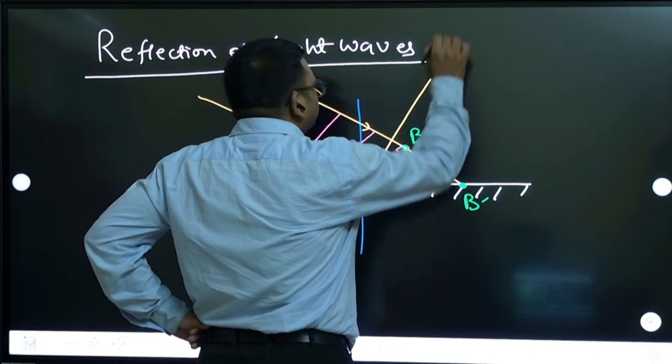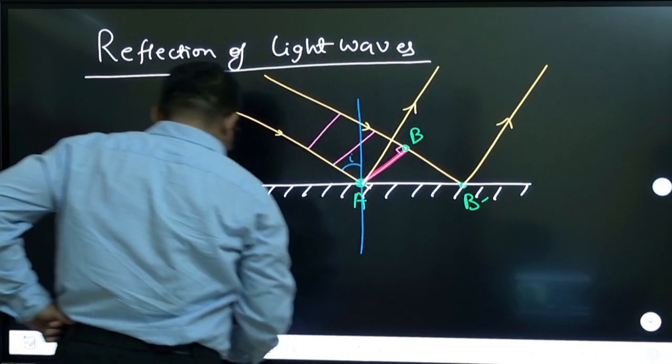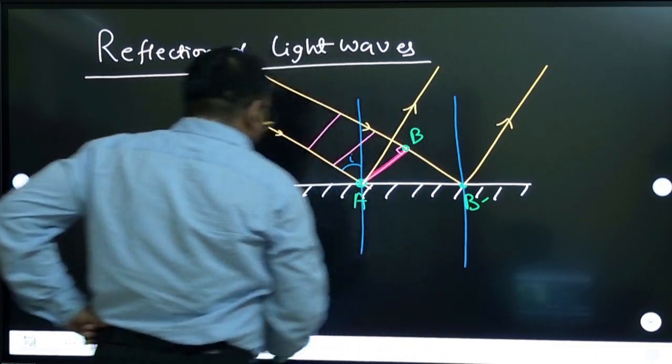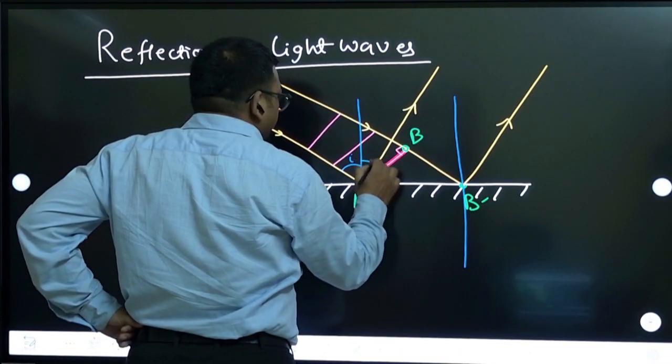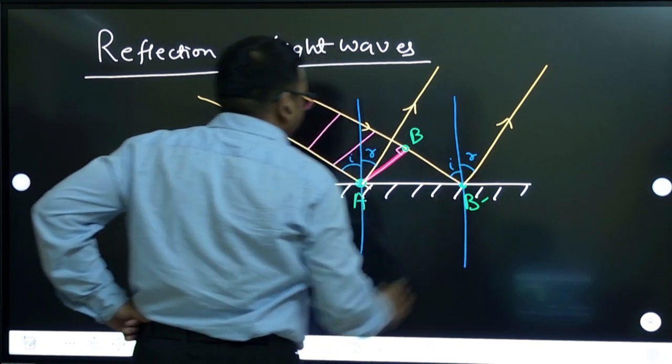So let's say the ray goes like this. This is the reflected ray. Here also if I draw a normal, this is the reflected ray, and this is the incidence angle, right?